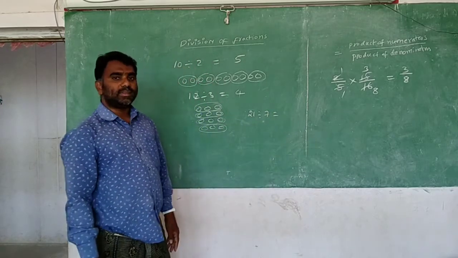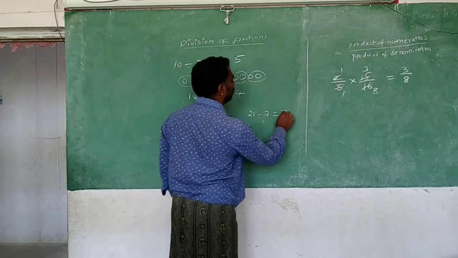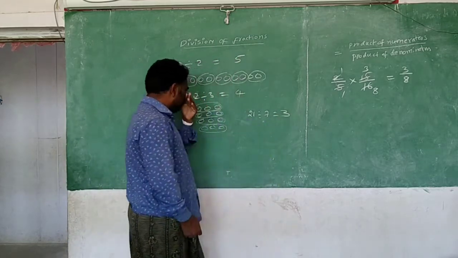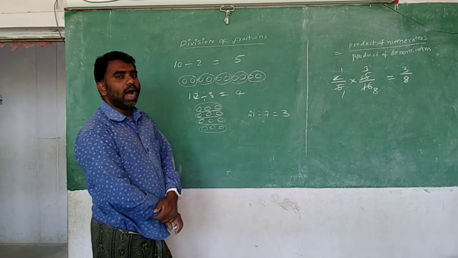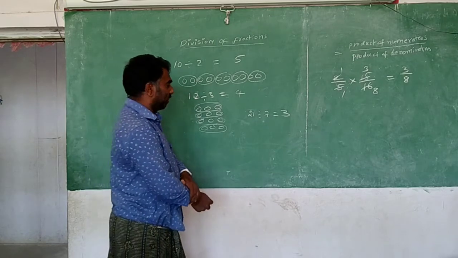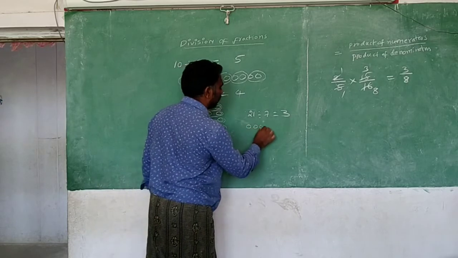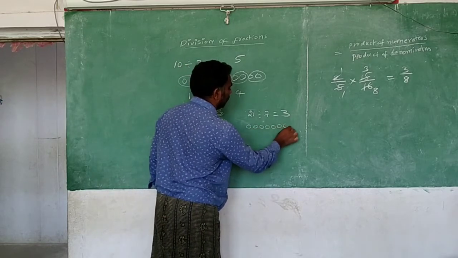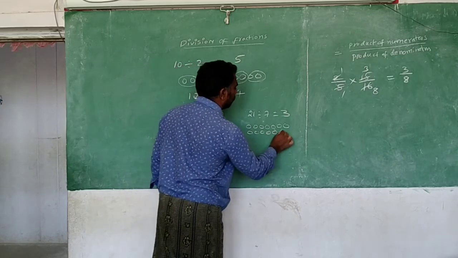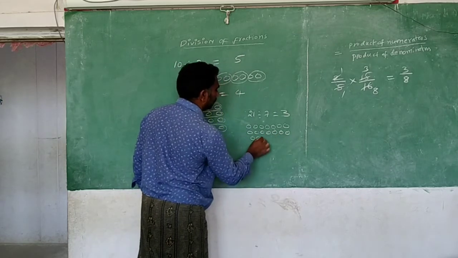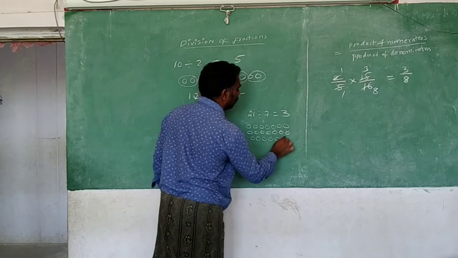21 divided by 7. You will say the answer is 3. So what is the actual meaning of the division here? In 21, how many 7s are there? 7, 8, 9, 10, 11, 12, 13, 14, 15, 16, 17, 18, 19, 20, 21.